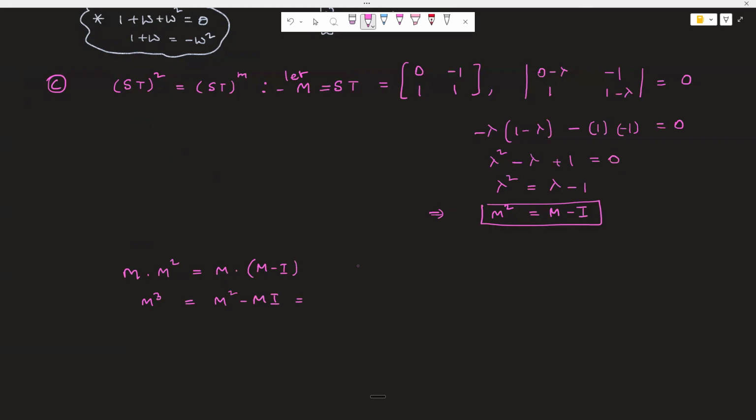That equal to m square will be replaced with this m minus I, minus m into I, we know that it is m. Minus m plus m got cancelled, so minus I left.